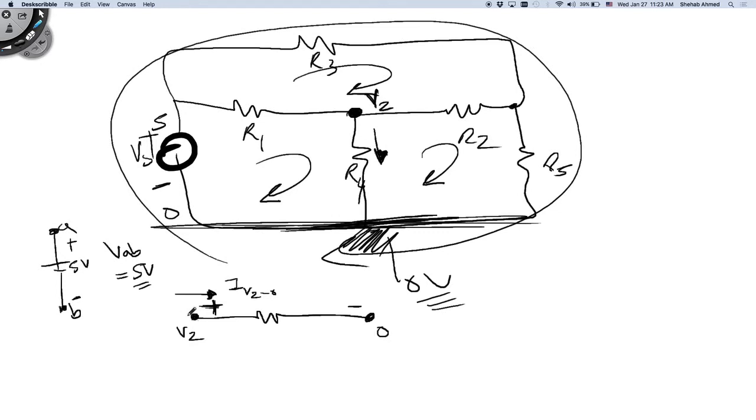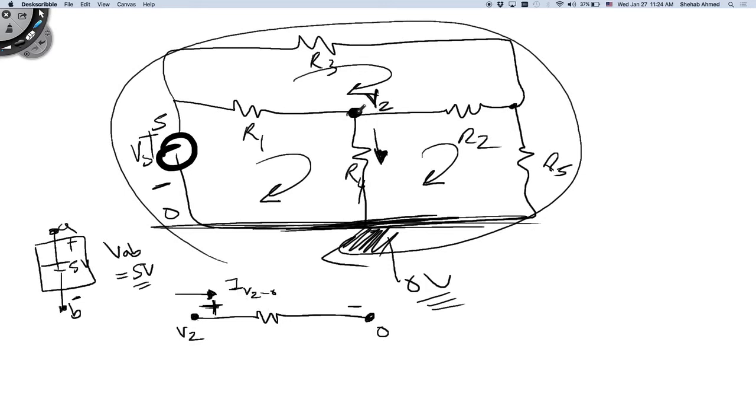This battery is an element. Like any element, I have the voltage on this side minus the voltage on this side divided by the resistance of this element will give me the current. Or the voltage on this side and the voltage on this side is equal to the voltage difference across this element. Right? So I have the voltage across an element, right? And this element happens to be a resistor. Then I take this voltage divided by the resistor, and I will get the current flowing through it.